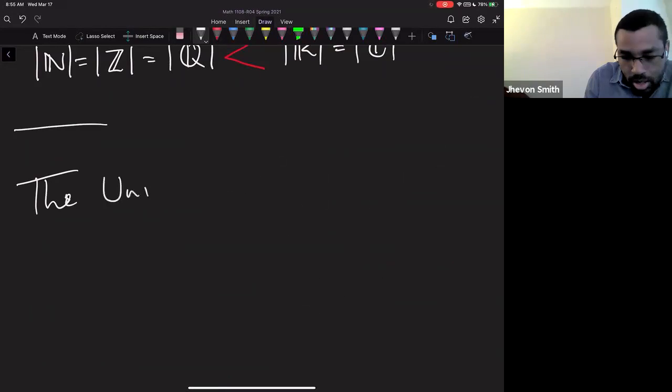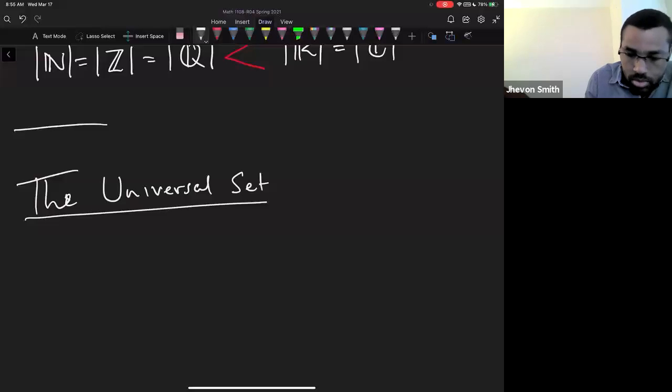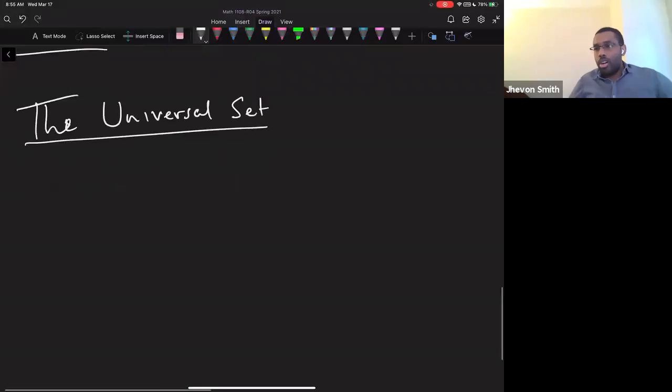I want to talk about something called the universal set. When it comes to set theory, and this is true in probability and statistics as well, we never actually do anything in a vacuum. Anytime we create a set, we always imagine that there's some bigger set in the background from which we created that set.